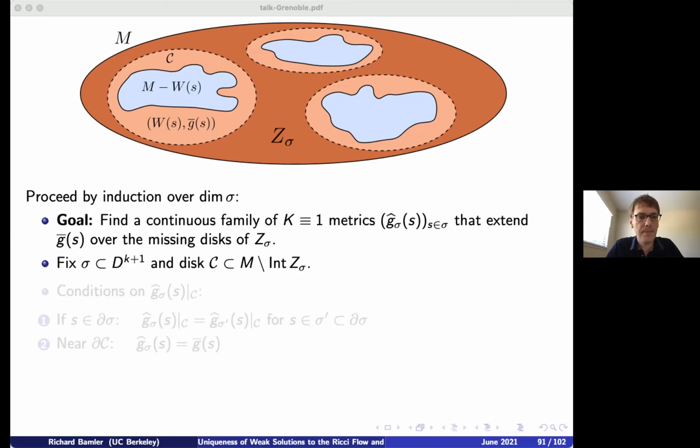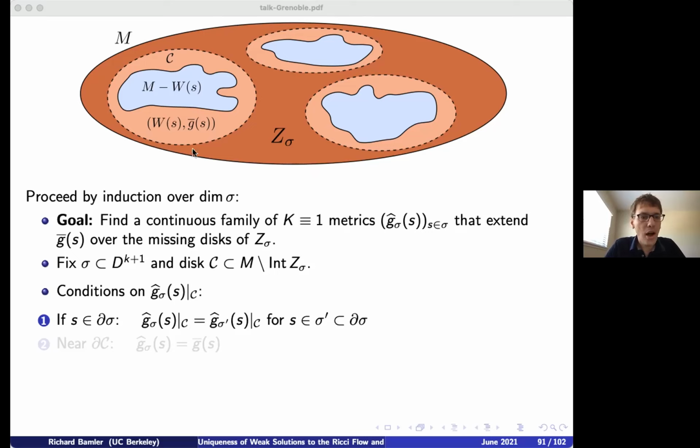Okay? And so what conditions do I need to satisfy? Well, I'm free to choose whatever I want, but I need to satisfy two conditions. First of all, if S is in the boundary of sigma, then I've already performed this extension process. So in this case, I would want G hat sigma of S, restricted to the disk, to be equal to G hat sigma prime of S, as long as S is contained in some sigma prime which is contained in the boundary of sigma.